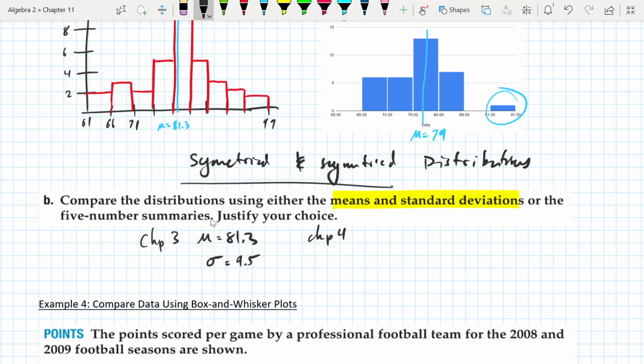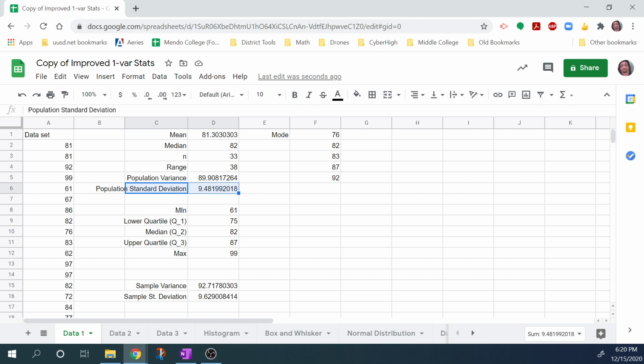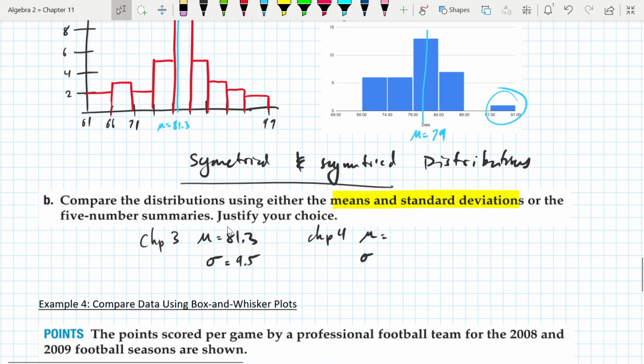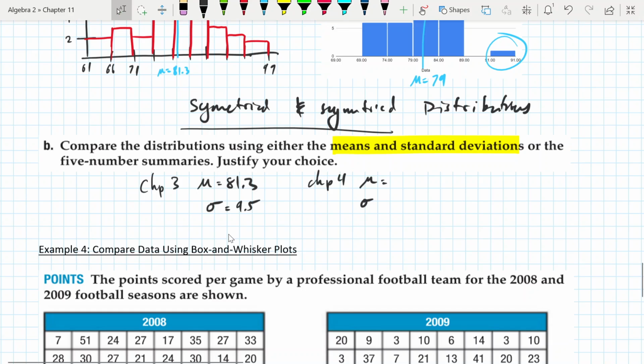Chapter 4, mean of, standard deviation of, that was on the data 2 tab. Yep. Mean of 79, standard deviation of 5.9. So 79, 5.9.